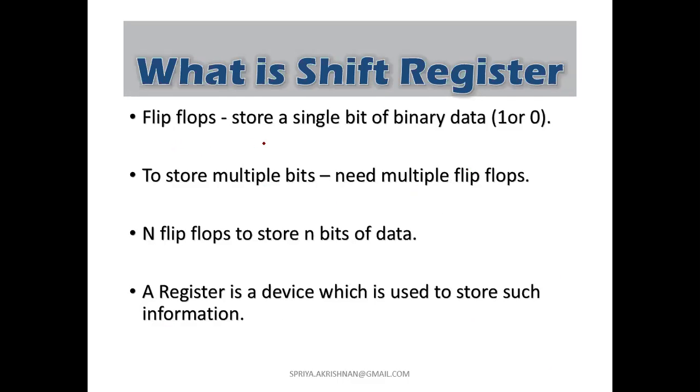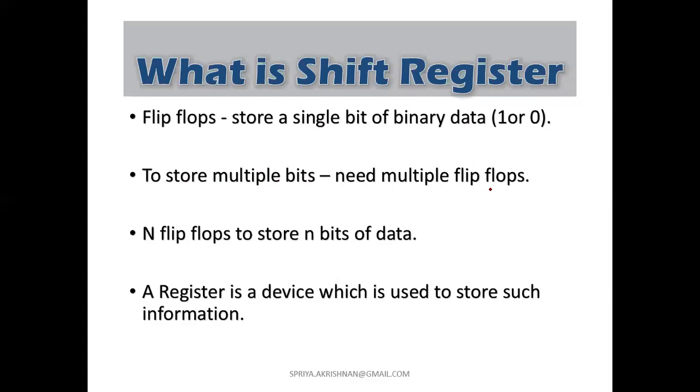So we all know one flip-flop will store one bit of data. To store multiple bits, we need multiple flip-flops. So if you want to store only one bit, you take only one flip-flop.